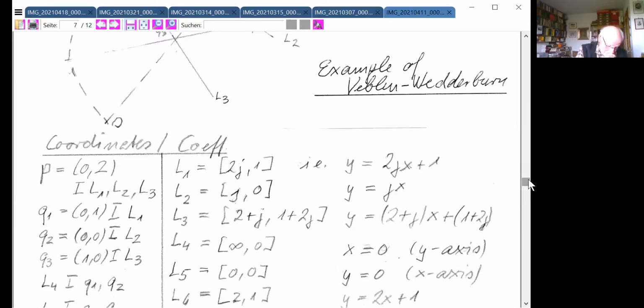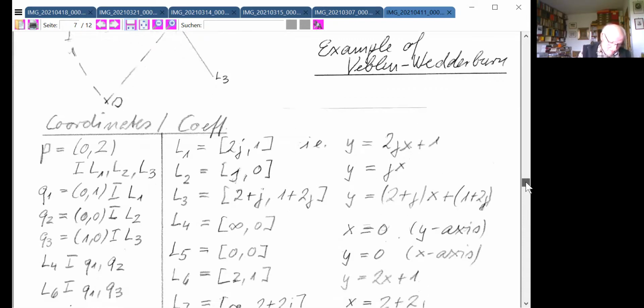Now we must find a triangle with the corners R1, R2, R3, R1 on L1, and so on.